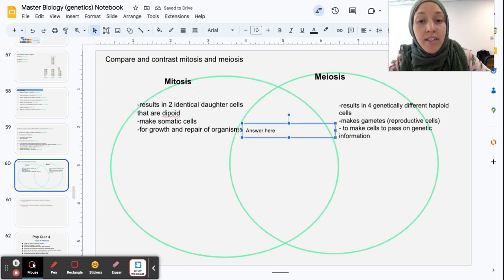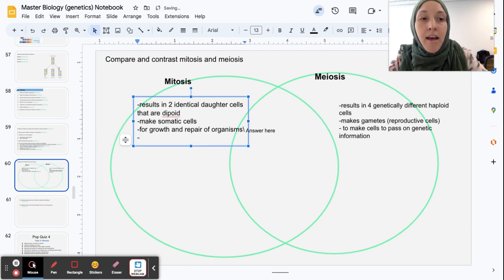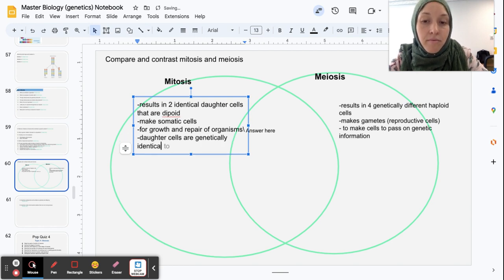In mitosis, my daughter cells are identical to each other. In meiosis, my gametes are genetically different. In mitosis, also my daughter cells are genetically identical to the parent cell.